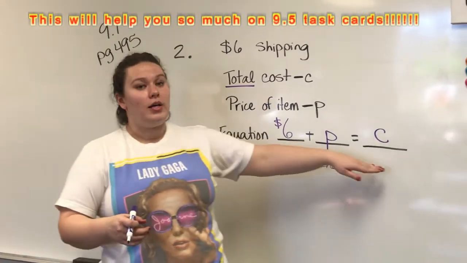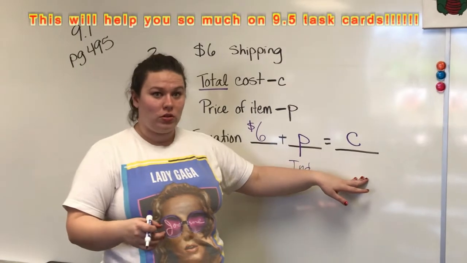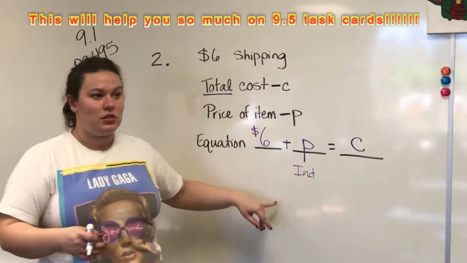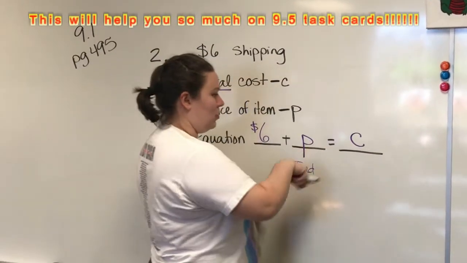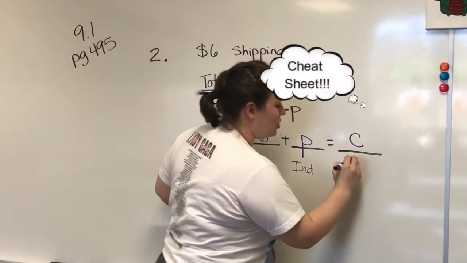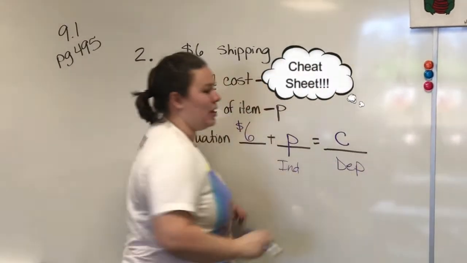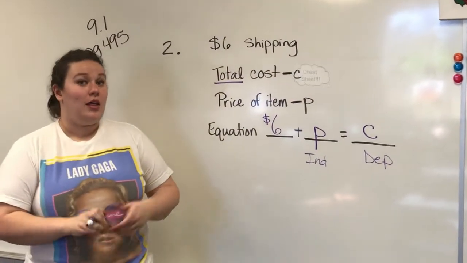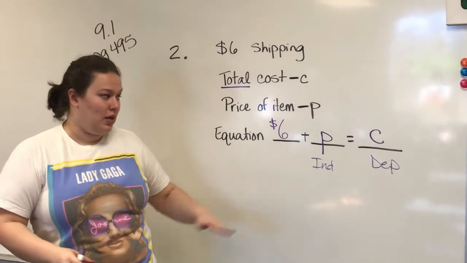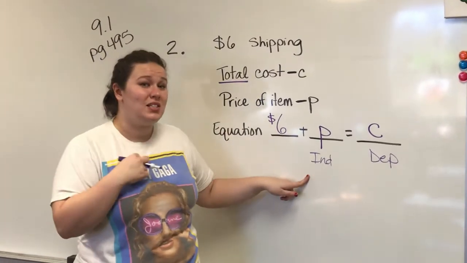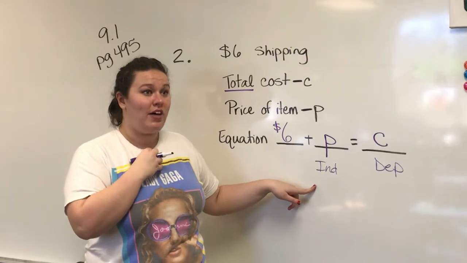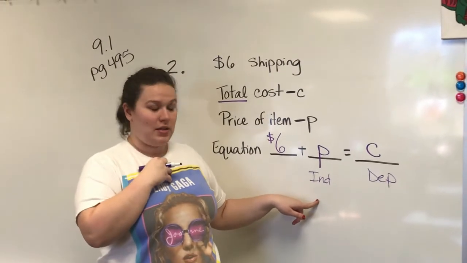But your cost, your total, depends on what's in the problem. So this is usually the dependent one, okay? That's how I like to explain it. The thing that you get to decide, the thing that you have power over, that's independent.